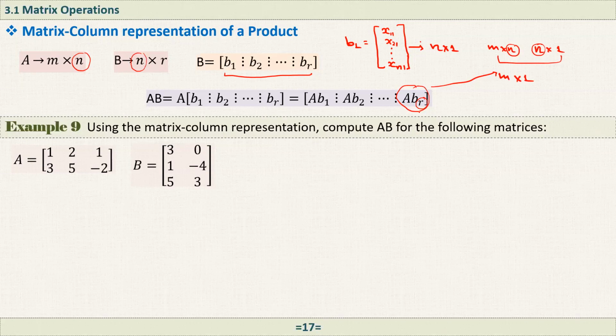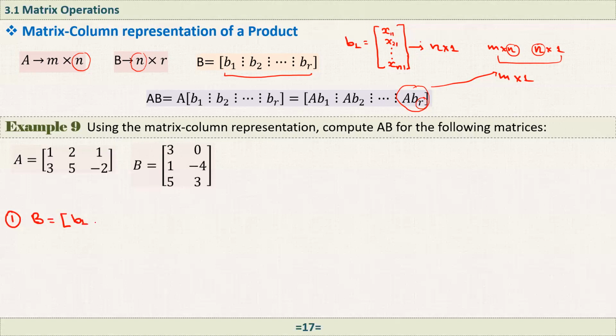In this example, using the matrix column representation, compute AB for the following matrices. We know how to multiply these, but just to practice, we are going to use this method. As a first step, I will write matrix B as its columns.